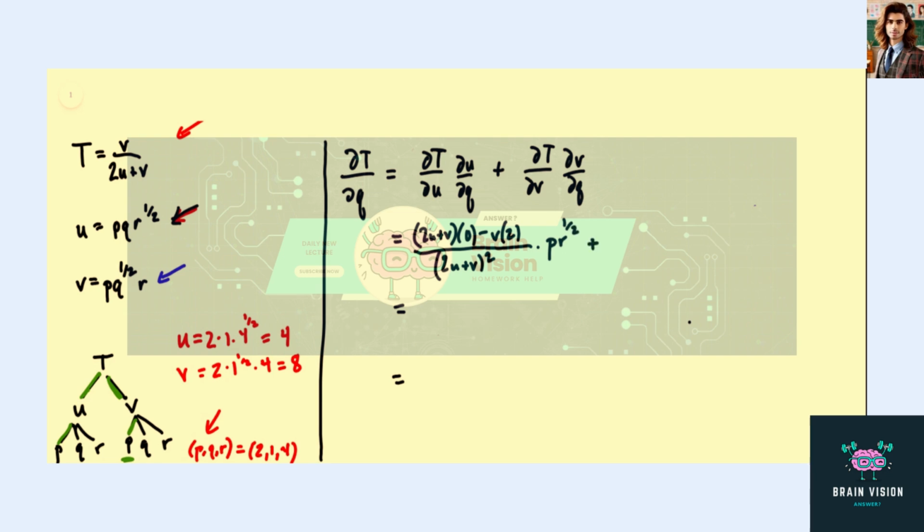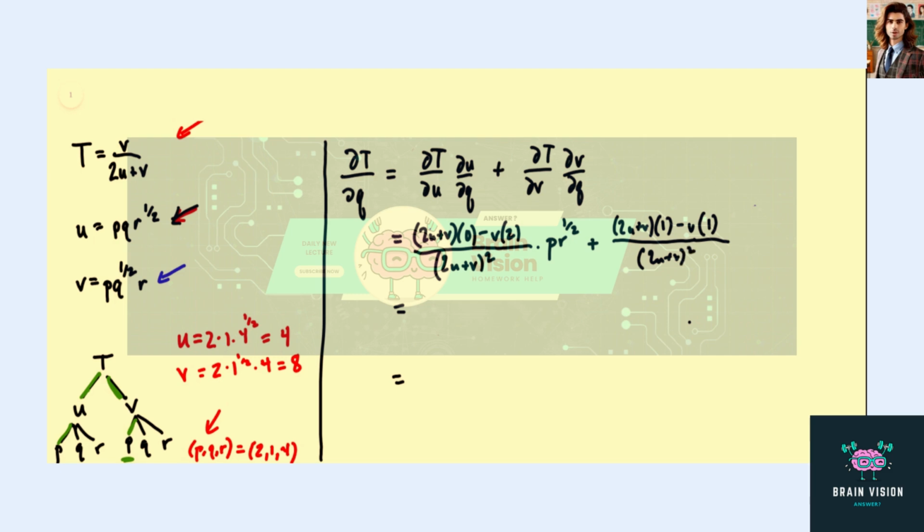plus, let's see, for the next one with respect to v, partial of t will give us again by the quotient rule, denominator, derivative of the numerator is 1, minus numerator, derivative of the denominator is 1 as well, all over denominator squared.